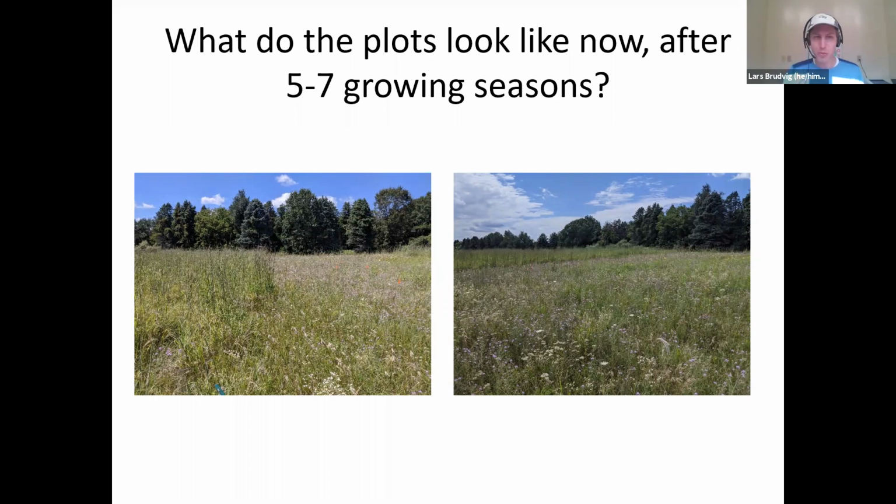Well, first of all, there's really different structures to these plots. We see a lot of warm season grass dominance on the left of the left image. And on the right, we see almost no warm season grasses at all. Instead, we see a lot of forb cover. And in fact, this is a lot of spotted knapweed, Queen Anne's lace, mostly weedy species that are showing here.